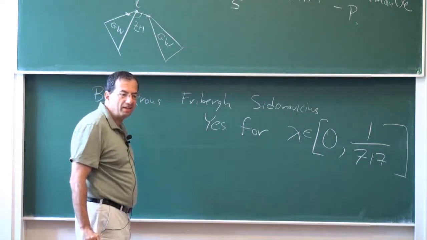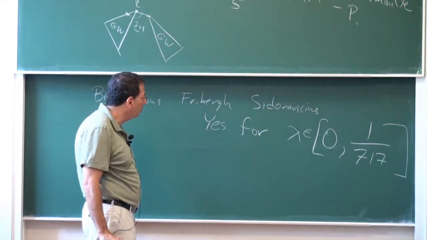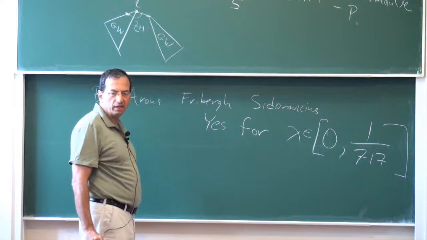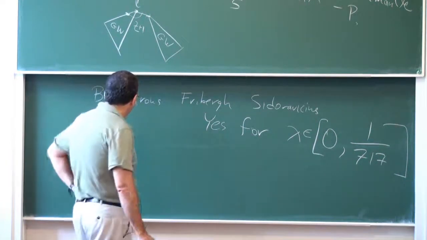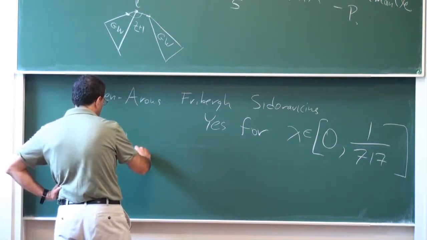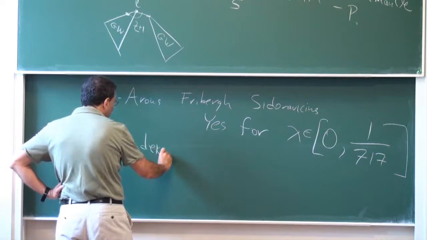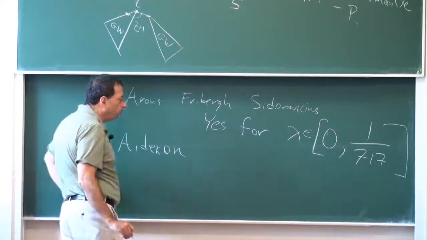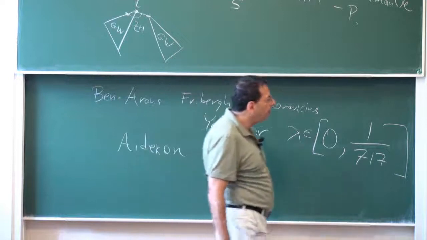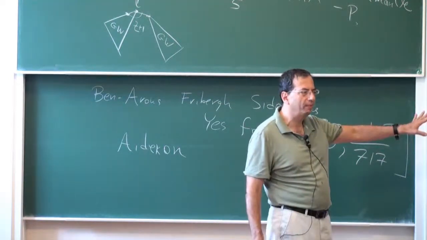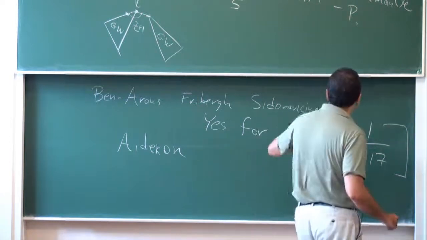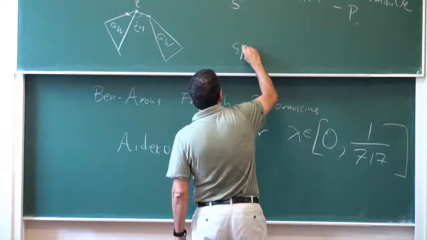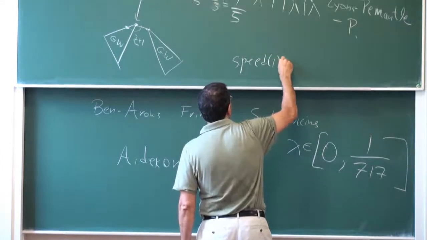Okay, but as I said, nothing was known on this before, so this is certainly progress, and it's a very, very elegant and clever argument. Then a few months after, Elie Aidékon found a kind of formula for the speed as a function of lambda. Now this formula is not so explicit. For lambda equal to 1, there is a very simple formula coming from this logic.